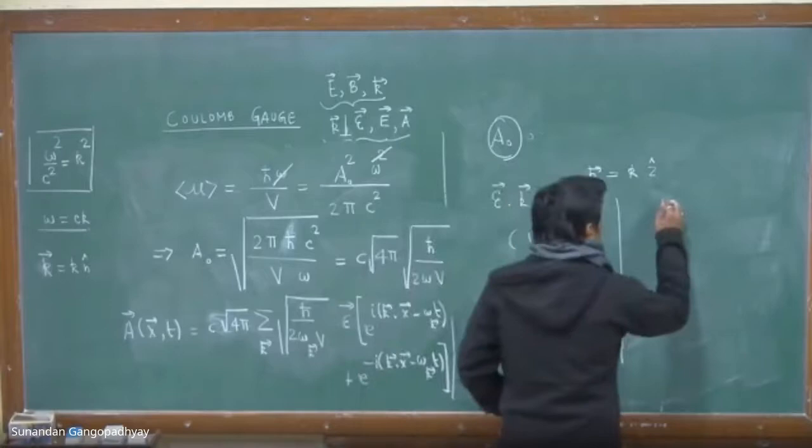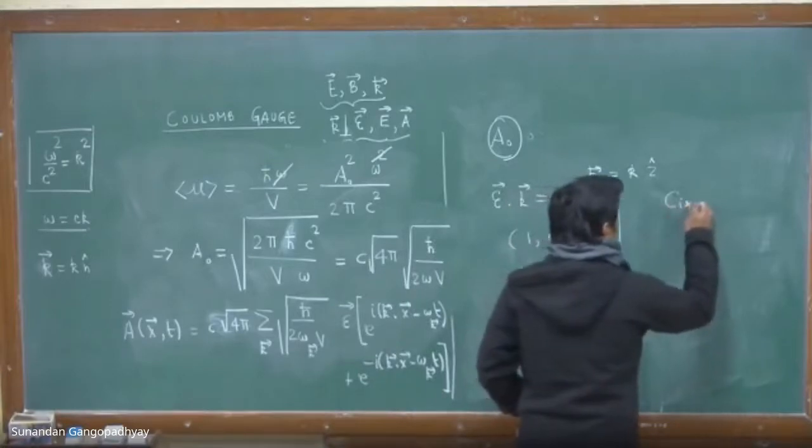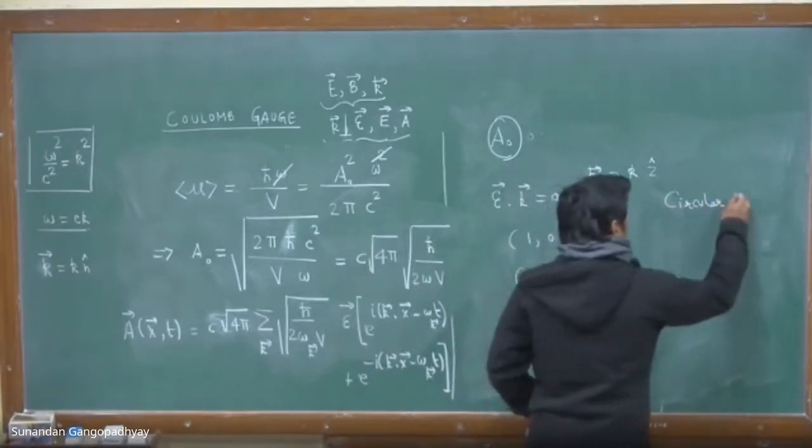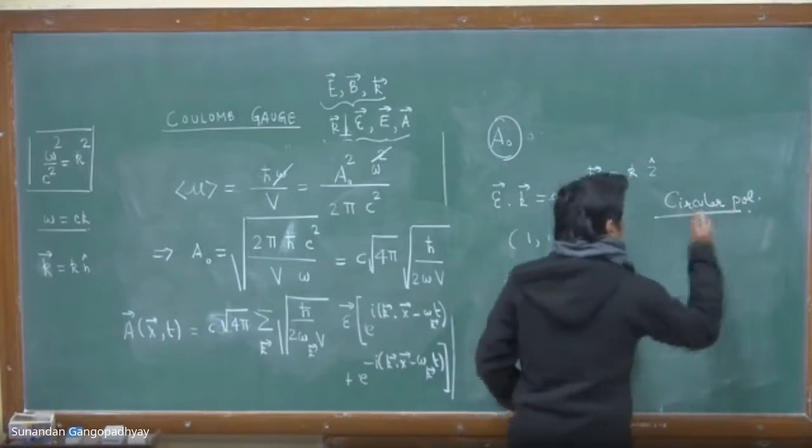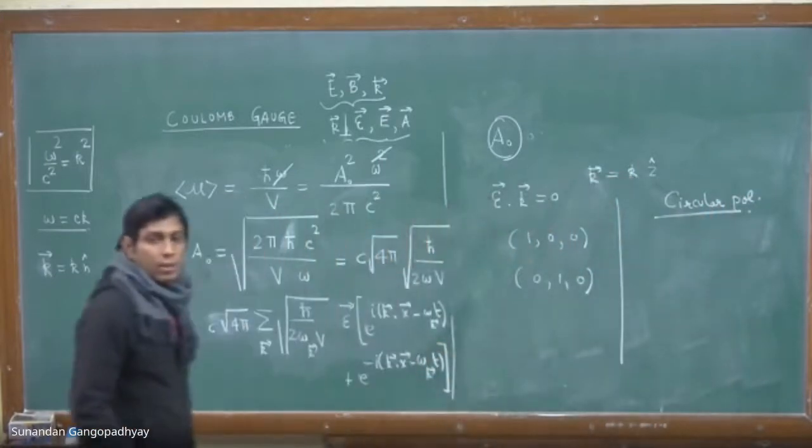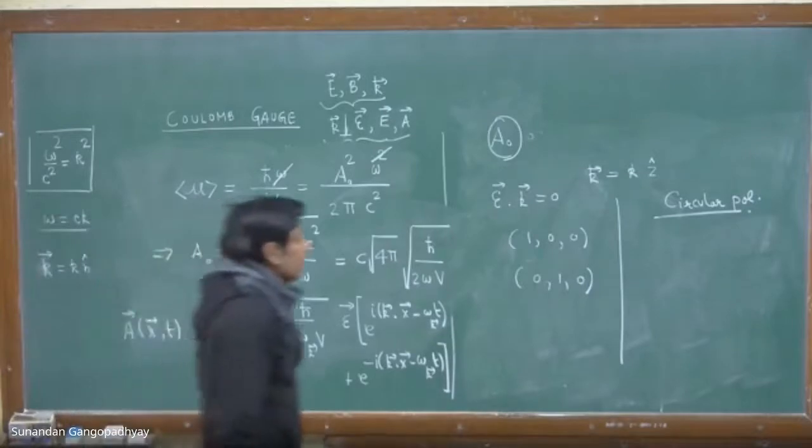For example, you can have circular polarization, where you can choose the basis states in the following form.